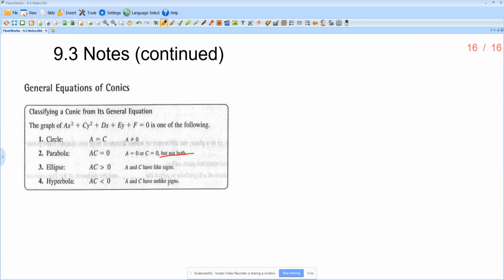If the opposite is true, if they have unlike signs, one positive, one negative, doesn't matter which one's positive or negative, then I know right away it's a hyperbola. And this just sort of accelerates recognizing what an equation looks like to give you a rough idea of what type of equation we're dealing with.